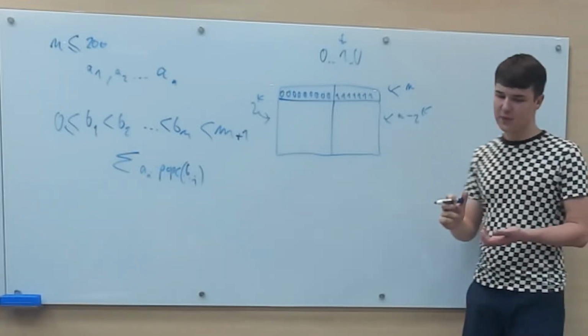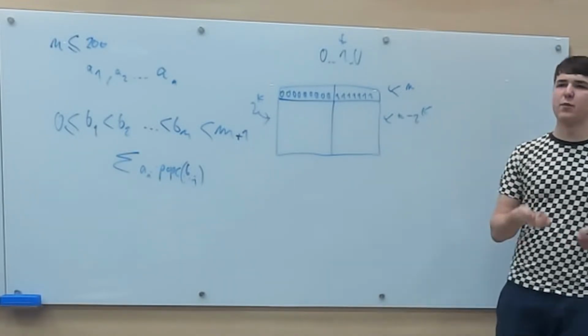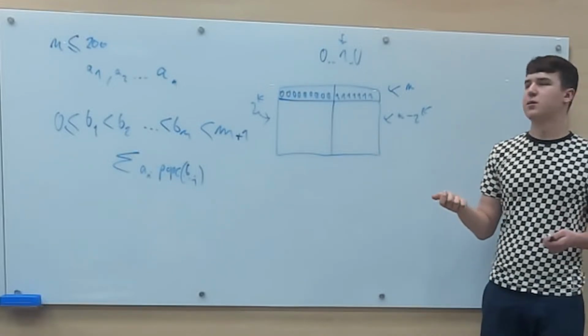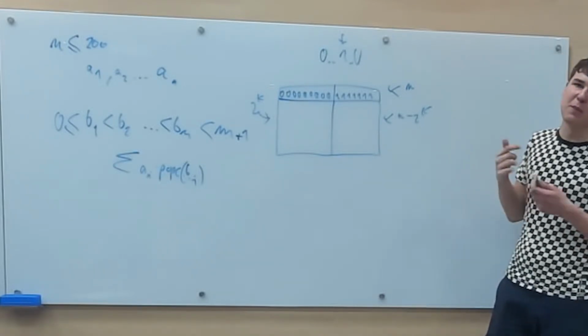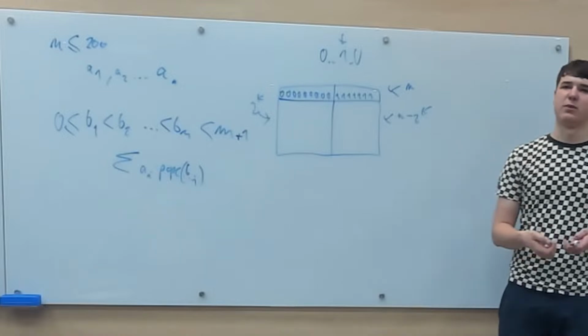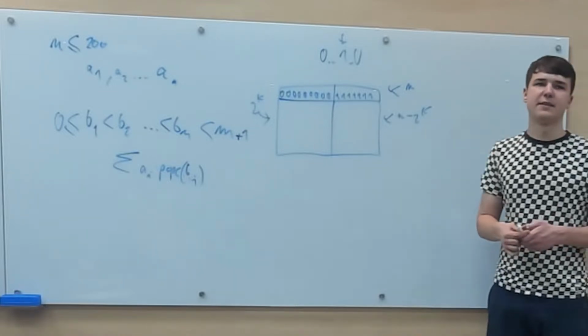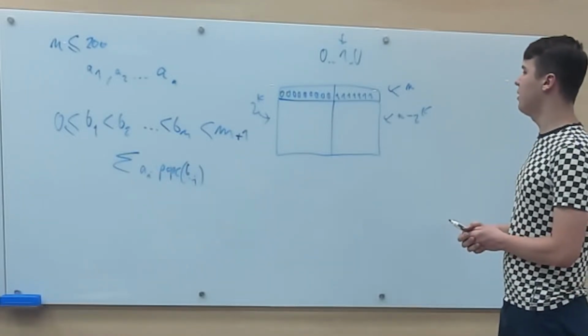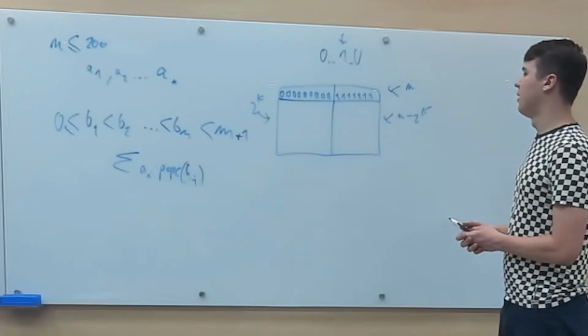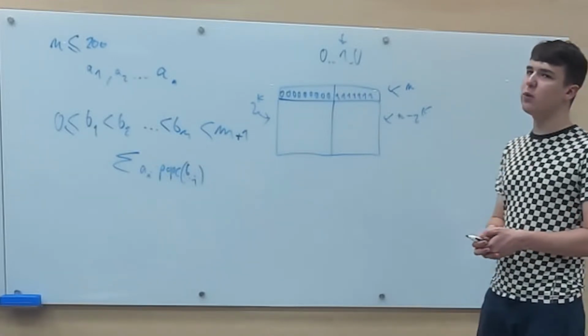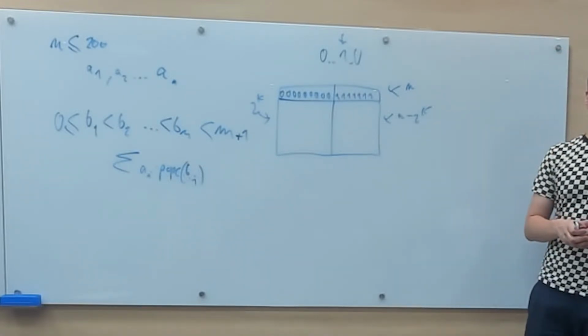Because m is up to 10 to the power of 18, it would be bad if there were many possible bounds, right? But what I'm saying here is about the only bounds we are ever going to have.